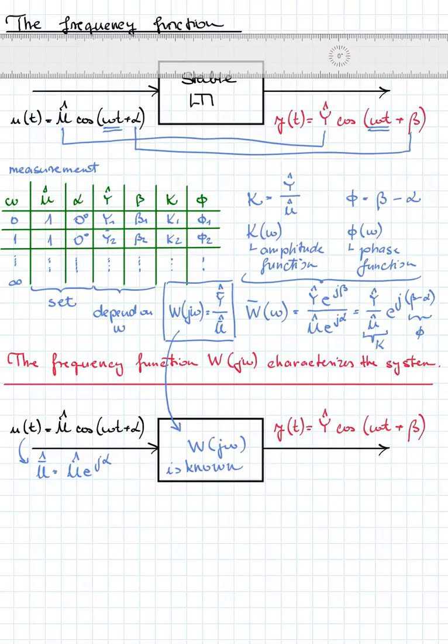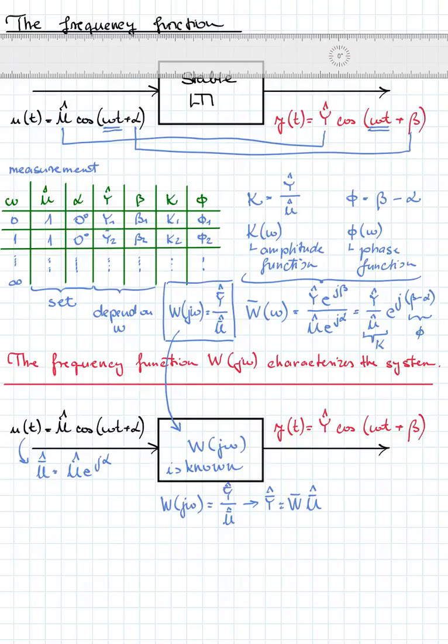If we know W(j omega), which is y bar hat over u bar hat, from this we can obtain y bar hat, that is the complex amplitude of the output function. This will be equal to W bar, because this is a complex number, multiplied by u bar hat.